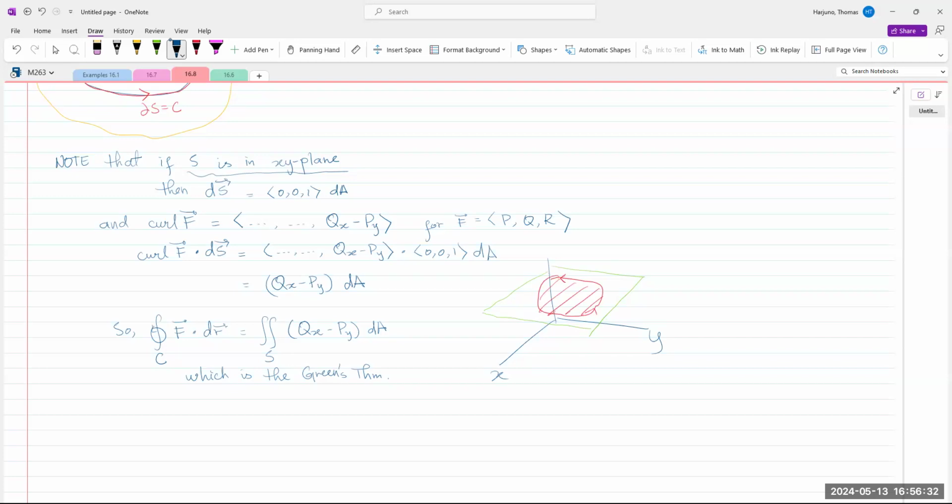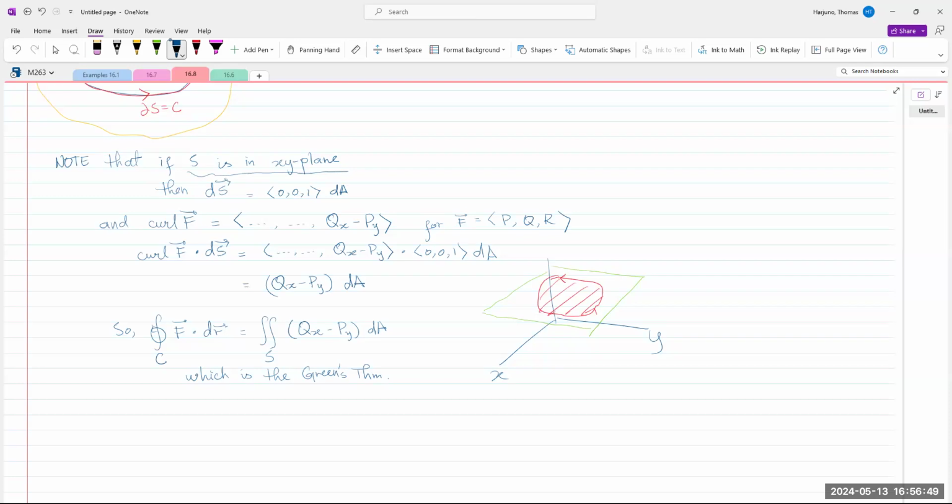Green's theorem is used in two dimensions, where the vector field is applied only on a plane, and Stokes' theorem in three dimensions.